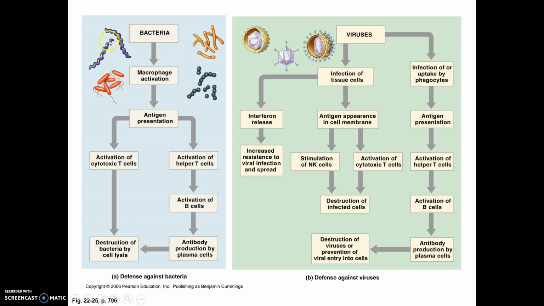They actually mark it so the phagocytic cells can be activated and engulf it much easier. They also clump these things together in two processes called agglutination and precipitation, and they actually neutralize some of these, prevent them from reproducing.